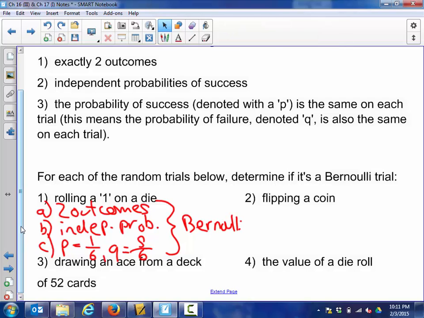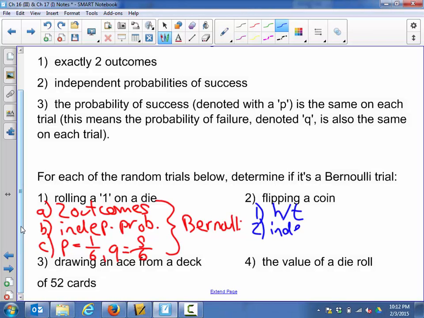Okay. Second example, flipping a coin. Well, it's got two outcomes, heads or tails. So that condition of two outcomes is met. We need independent probabilities of success. Sure, same deal as with rolling a 1 on a die. Whether or not you get a head or a tail on the previous flip doesn't determine what's going to happen on the current flip. So you've got independent probabilities. That condition's again met.